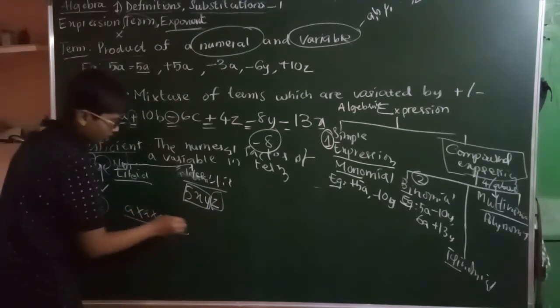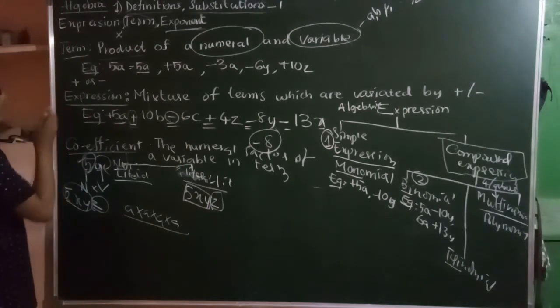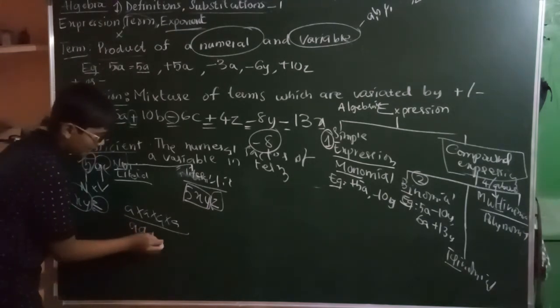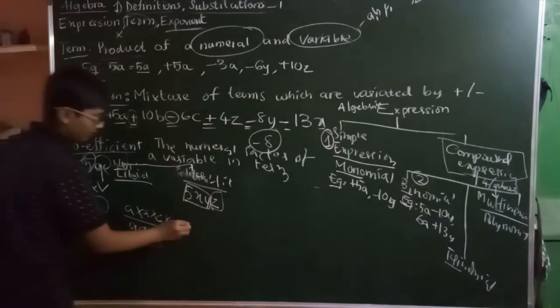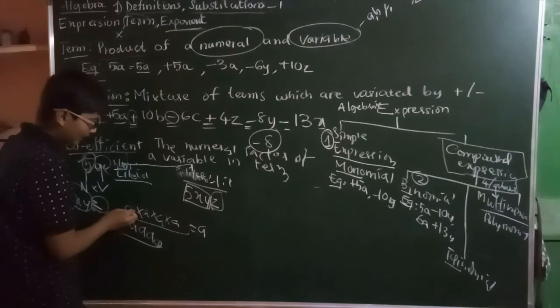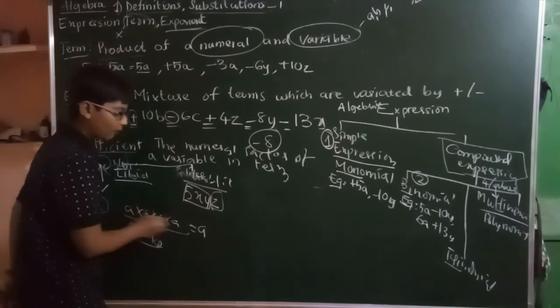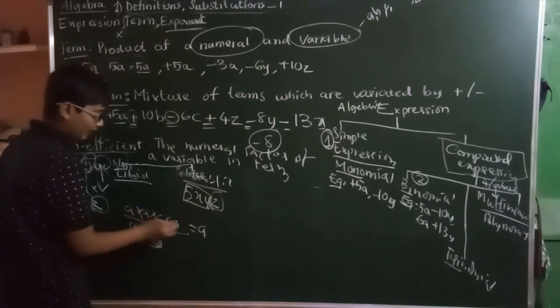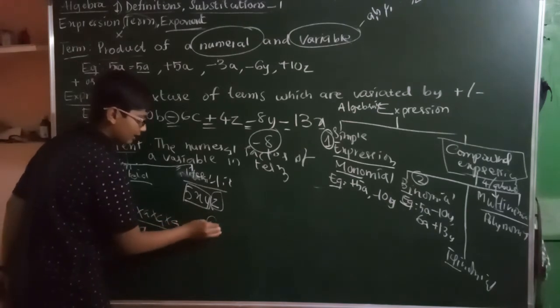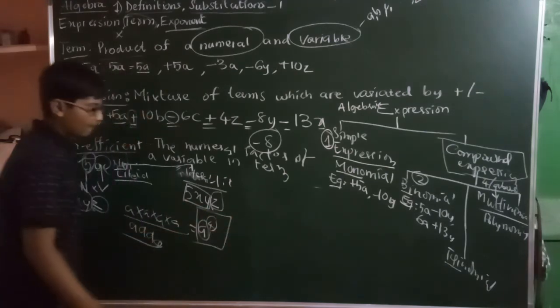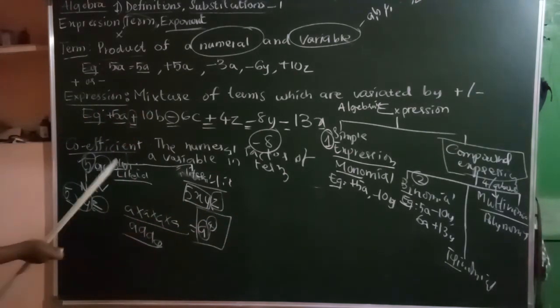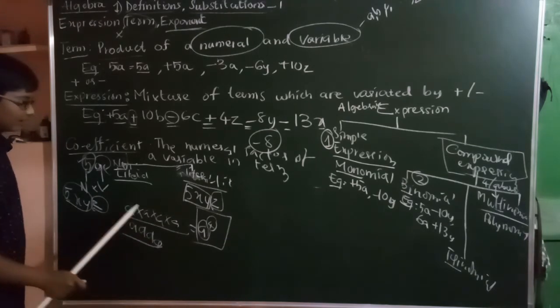In algebra we write this as a to the power of 4, since we are multiplying a 4 times. This whole thing is called the power, a is the base, and 4 is the exponent.